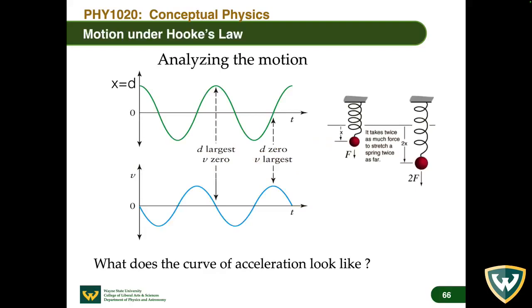And so what this looks like in practice is now I can draw the position along the x-axis, or the distance to the line of equilibrium. And what we find is that it has this particular shape. This is the distance as a function of time, so that's the position of the ball relative to the line of equilibrium here.